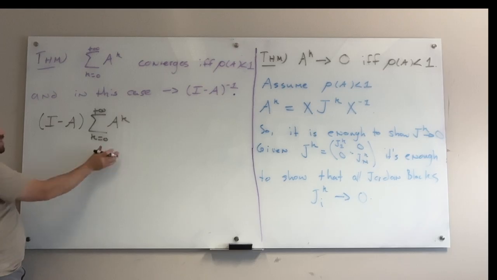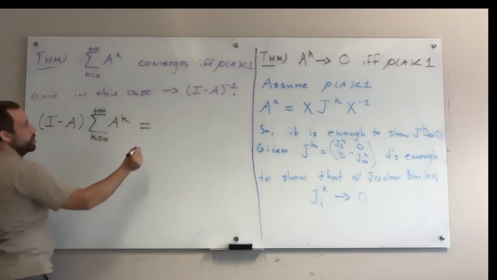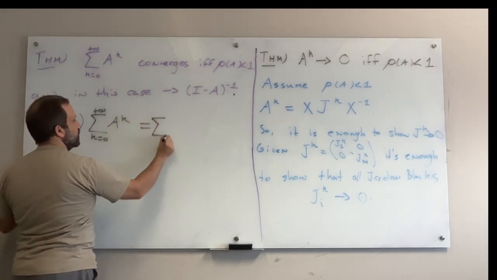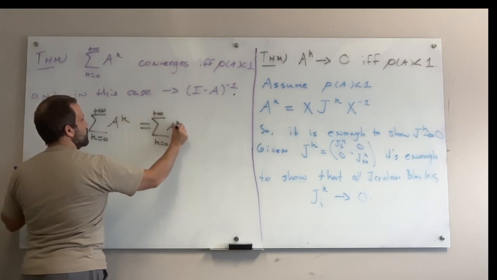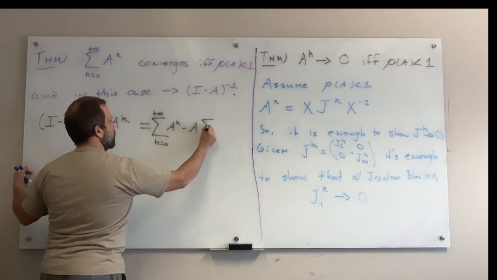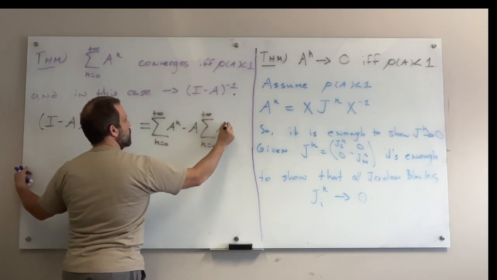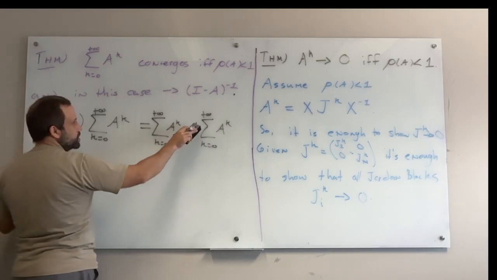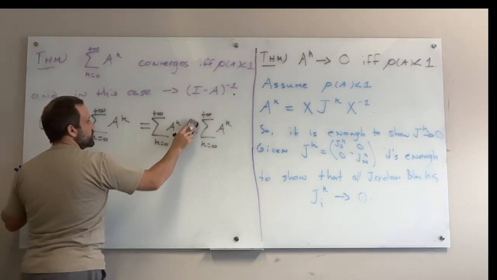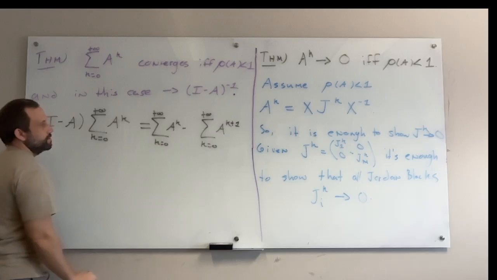If this is equal to identity, then by definition, this is equal to the inverse of I minus A. By the distributive property of matrix multiplication, this is just the sum from k equals 0 to infinity of A to the power of k, minus A times the sum from k equals 0 to infinity of A to the power of k. Now A is a constant as far as k is concerned, so I can distribute this A inside the sum.